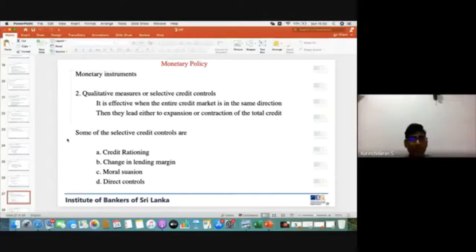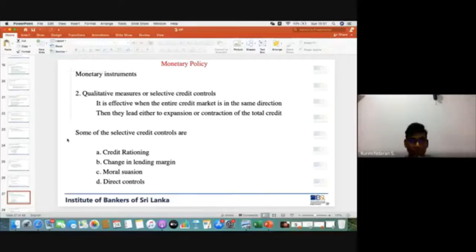Let's assume the entire credit market, the lending, is moving in the same direction, right? The lending can be manipulated through these qualitative measures, through selective credit control.